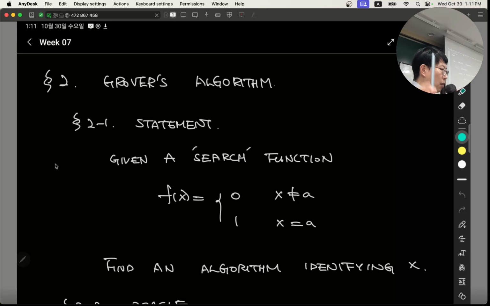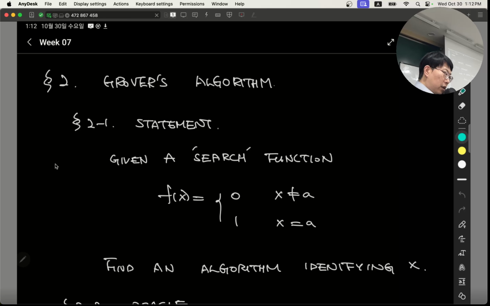It depends on what the data look like. But in general, if you are given a general data set, there is no algorithm that is way better than the others. So basically, you can't find it faster than just looking from the top to bottom. So what is the search function?